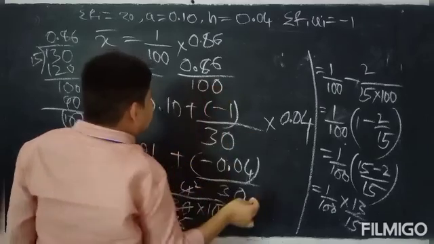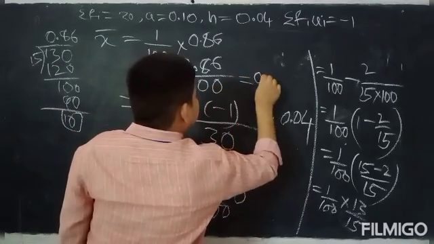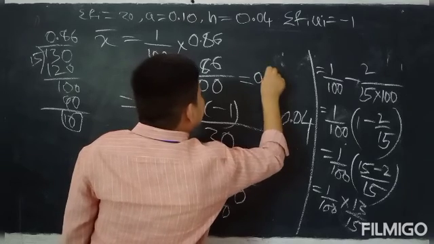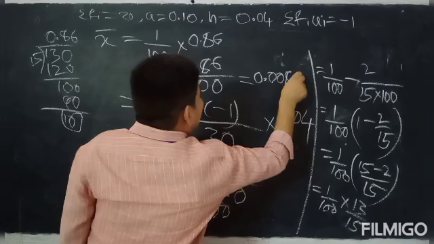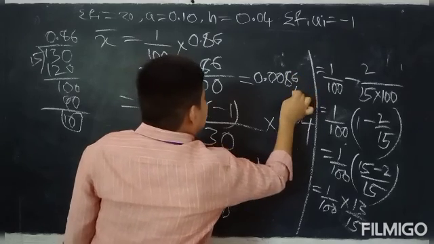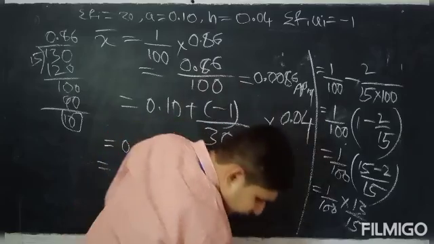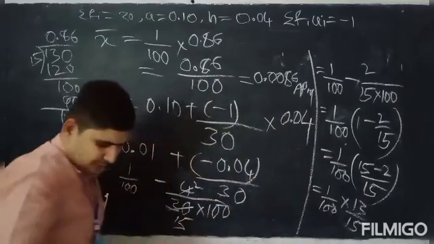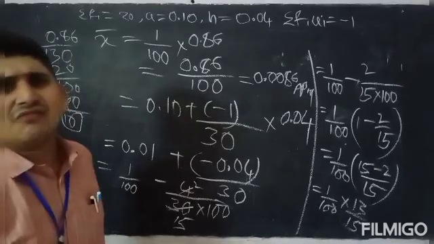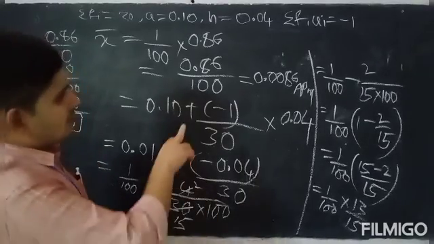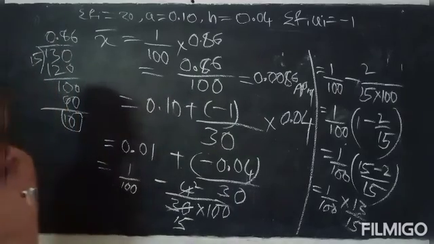So that is nothing but 0.0086. Okay. 0.0086 ppm. So the mean concentration of SO2 in air is 0.0086 ppm.